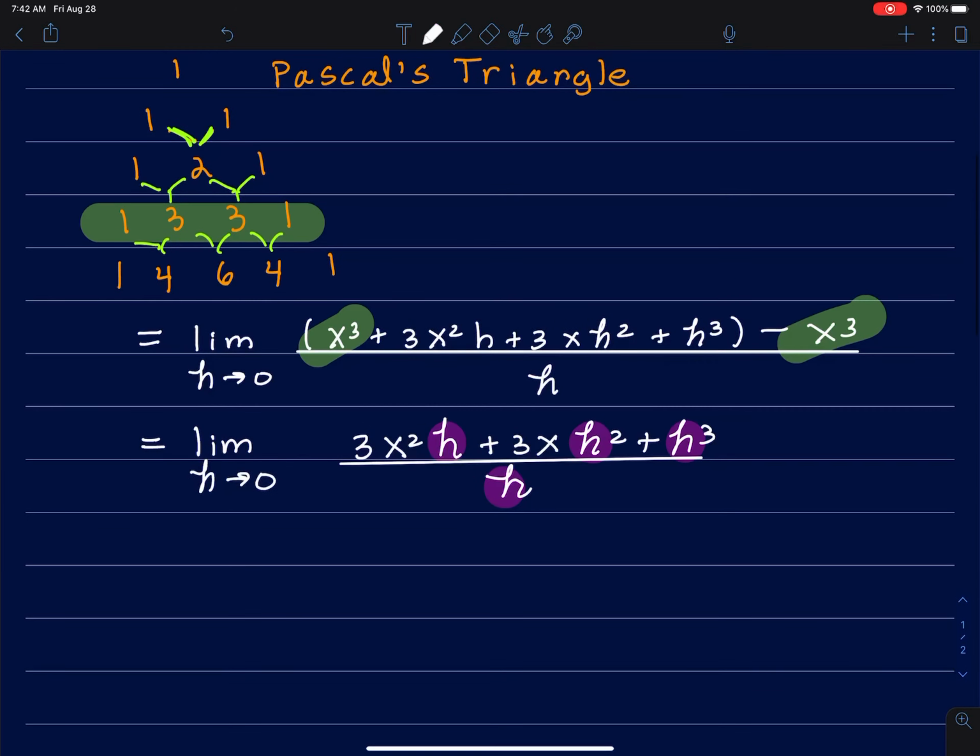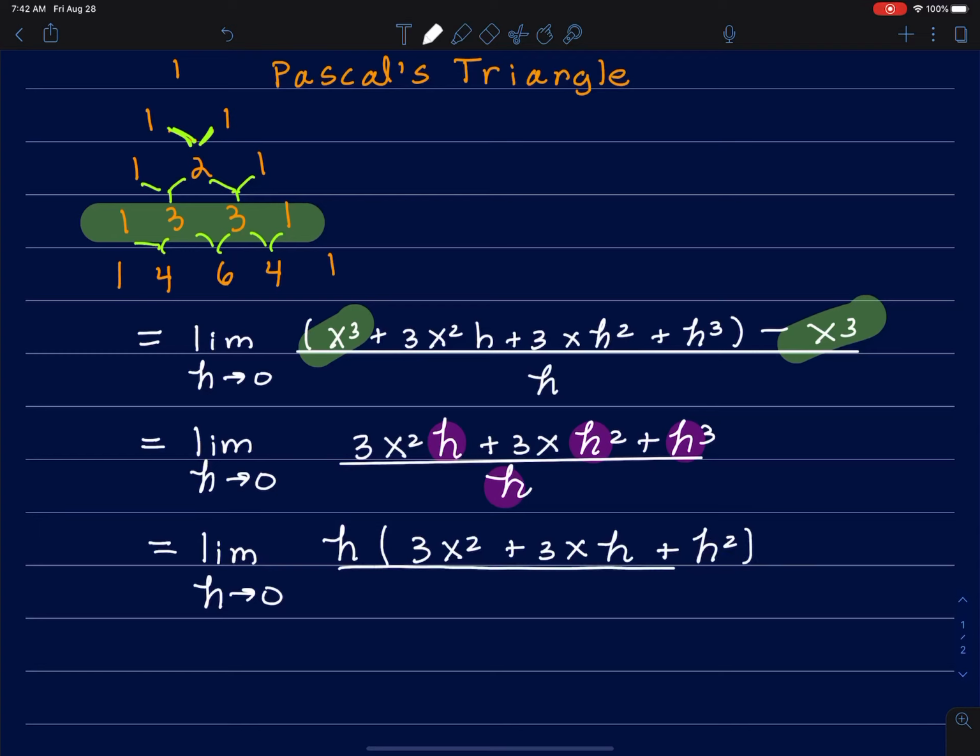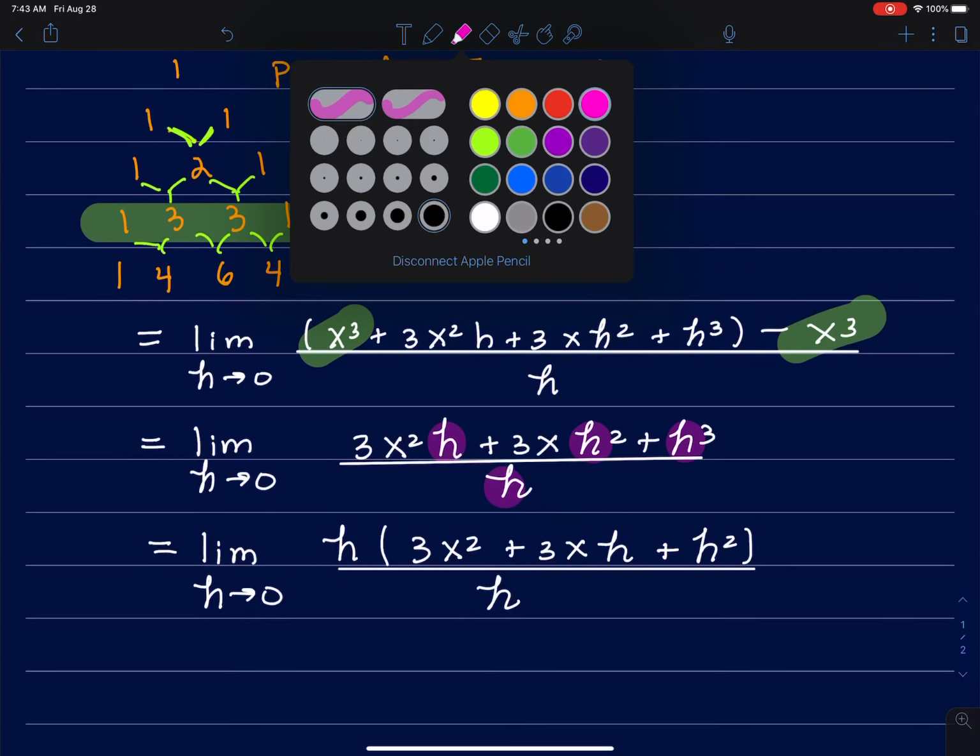I'm going to factor and cancel. So I have h up here in the numerator, and then 3x squared, so I'm factoring the h out. That leaves 3x squared plus 3x h to the first power and h to the second power. Now I am just going to go ahead and cancel.